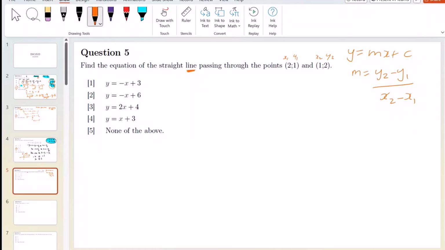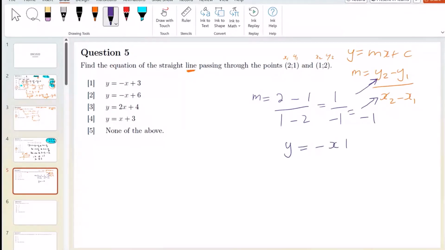So now your gradient is going to be equal to, you substitute here, y2 is 2 minus 1, and then your x2 you substitute here is going to be 1 minus 2, which is going to be equal to 1 over negative 1, which is going to be minus 1. So your gradient is minus 1. So you're going to have y is equal to negative x plus c. So you need to get the point.